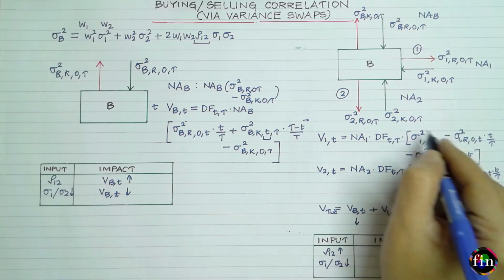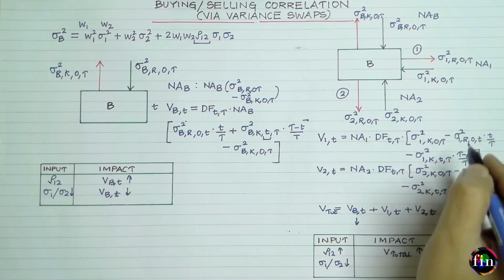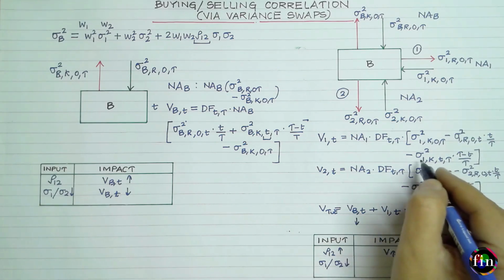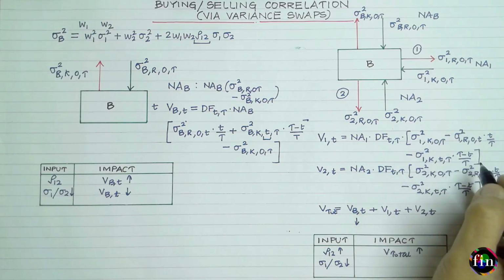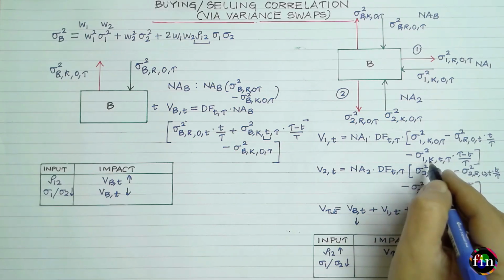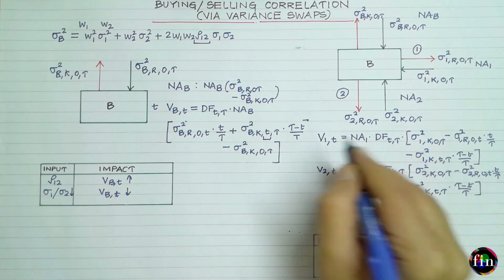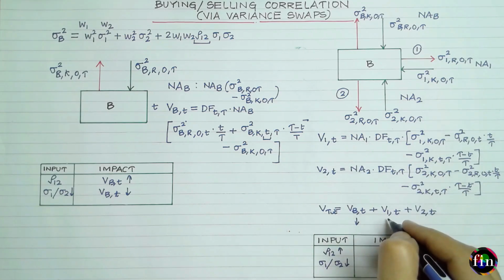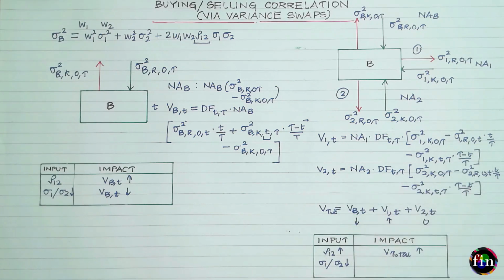This guy is fixed, doesn't change. This guy is already realized, doesn't change. If sigma 1 falls, this guy changes. The fair variance quoted by the market moving forward falls down. But this guy has a negative sign in front of it. If this guy falls down, this trade makes a gain. This trade is not affected, so 0 impact for this trade.